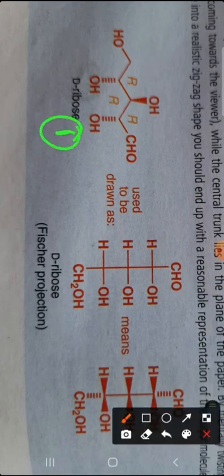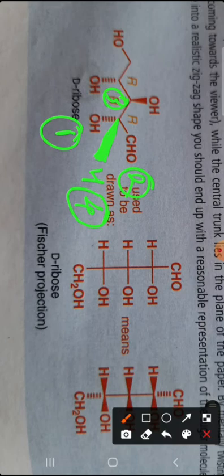First priority to this group, second priority to this group, and third priority to this group, and fourth priority is not shown here, but there is a hydrogen above the plane. Fourth priority is given to this group. So the fourth priority comes above, nearer to the observer.